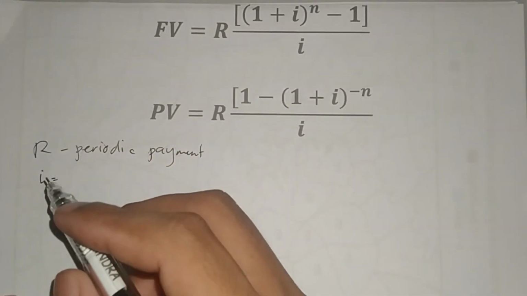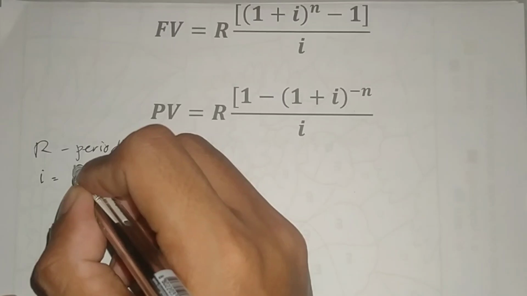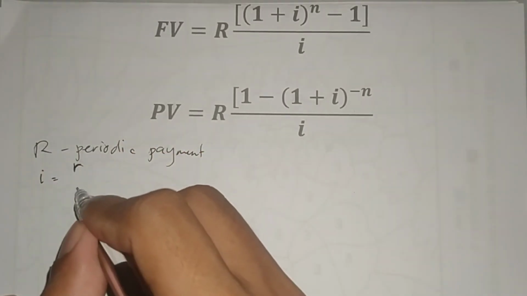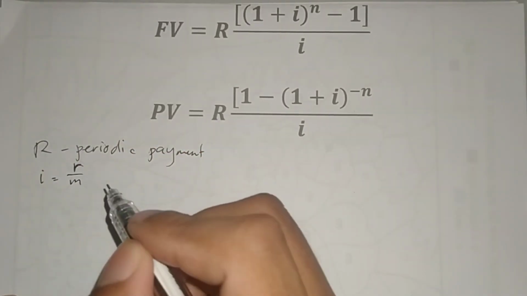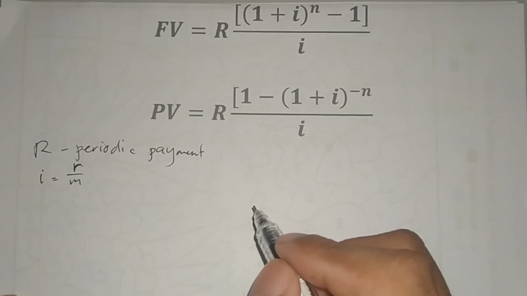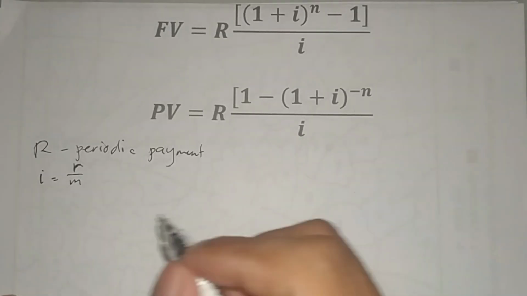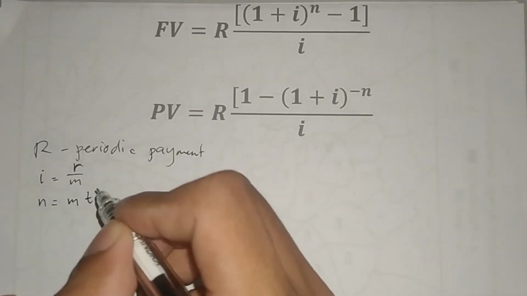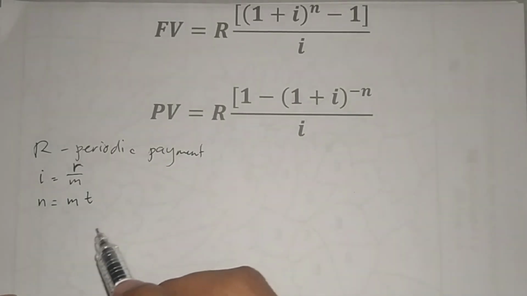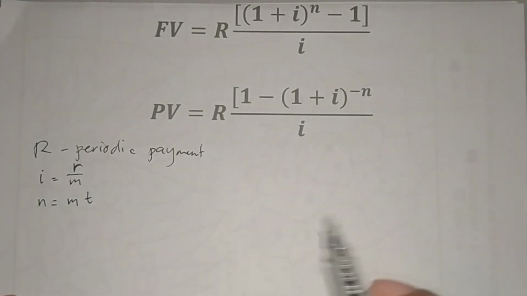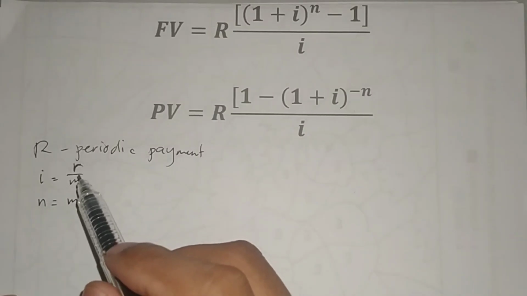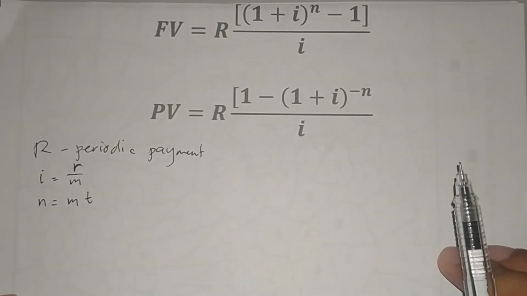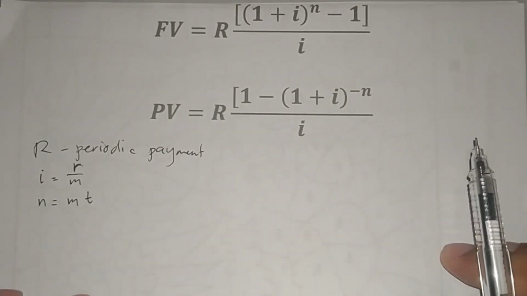So yung formula niya is rate, or small letter r, divided by m, or conversion period. While n, yung formula natin is m times t, conversion period times time. Okay, so take note for these two kasi sila yung malaking ambag sa lesson na to.